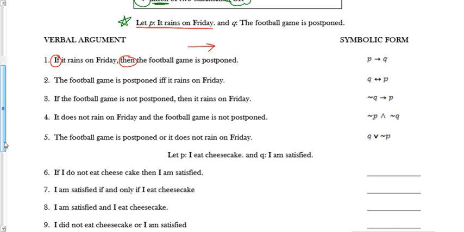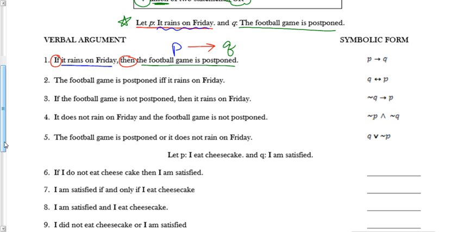So then I have it rains on Friday. Well, I found that already. It rains on Friday is P. So the P goes in front, and then I have the football game is postponed, and that is my Q. So I'd write it like this, which I would read as if P, then Q. I could also read it as P implies Q.